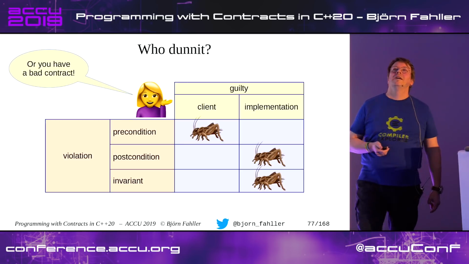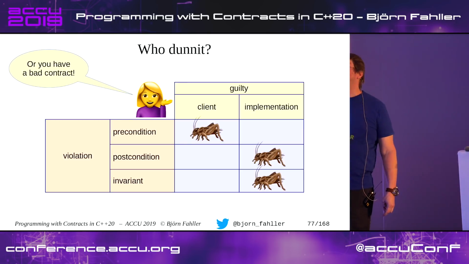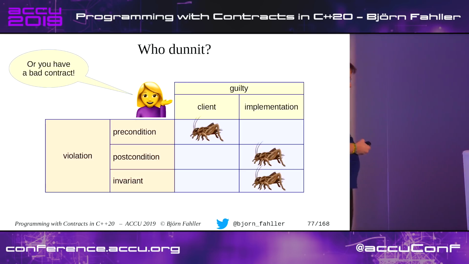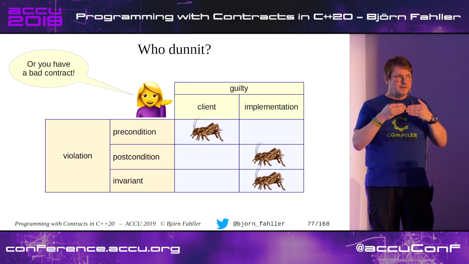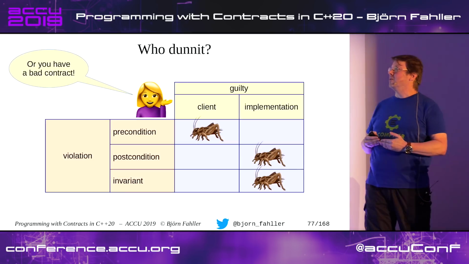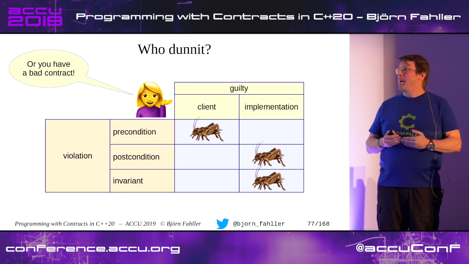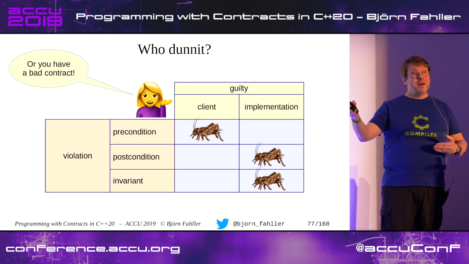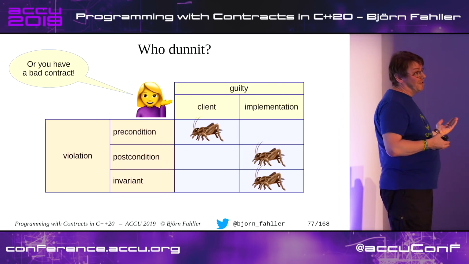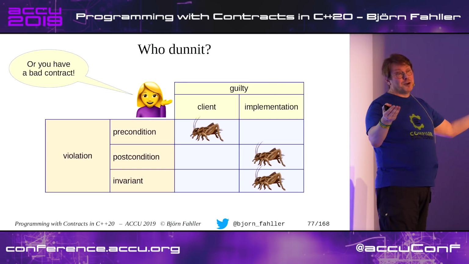Something that can never be called in the contract. So if you have a contract that states something impossible, so it is always illegal to make the call, is it a bug in the implementation that chooses to make the call that cannot be made, or is it a bad contract? It's a judgment call.